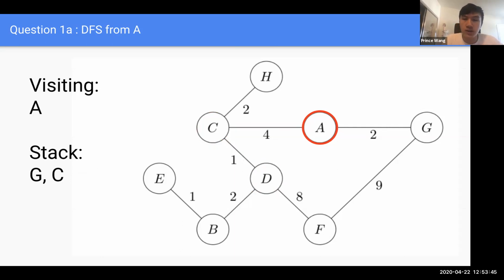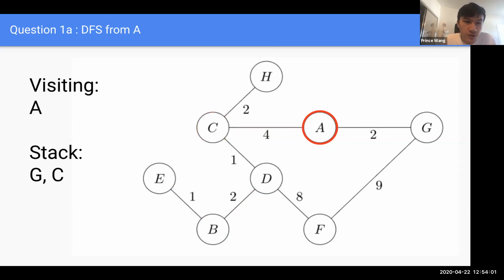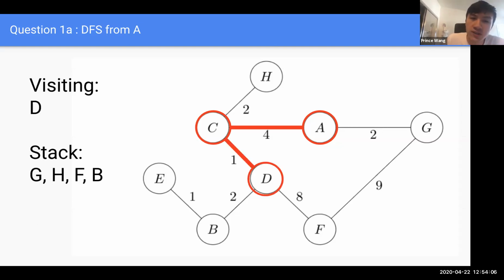The property of a stack, where elements that enter first come out last, means that the earlier encountered neighbors, such as this G, will not be popped out of the stack until the very last, until you've visited all the others. If you look at how the stack changes, it's always the most recent neighbors that go on the top of the stack, and those get popped out first. That guarantees the property of depth first search, where you're chasing one depth specifically.